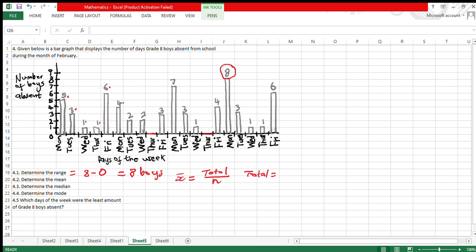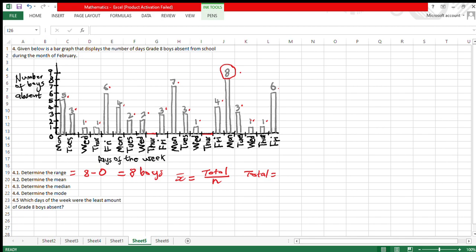That is going to be 16, 20, 22, 24, 27, 34, 37, 38, 42, 50, 53, 54, 55, 61.